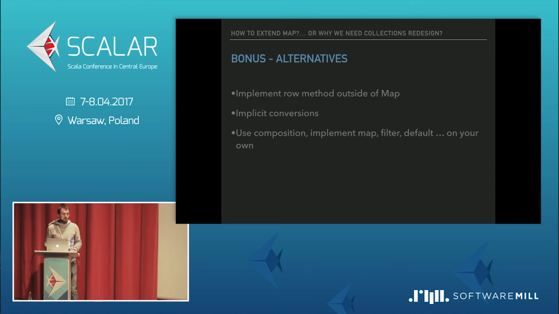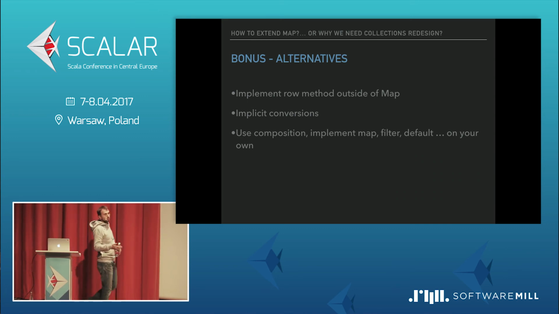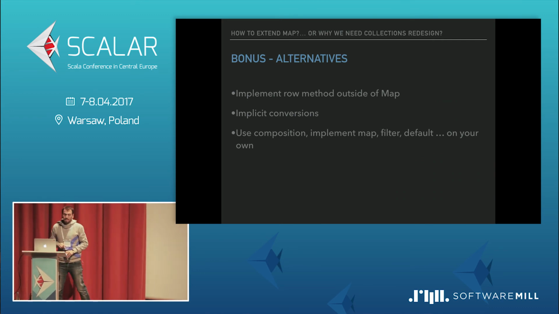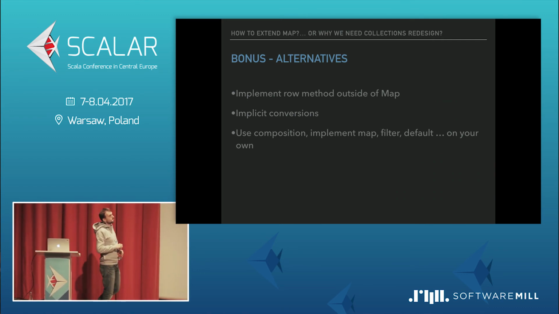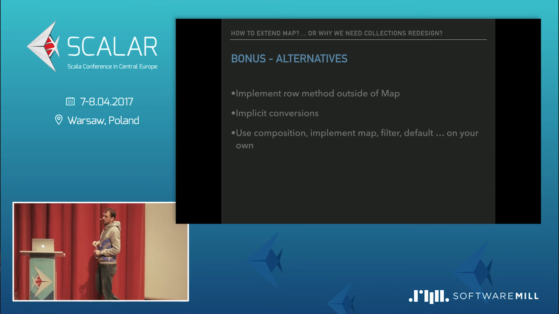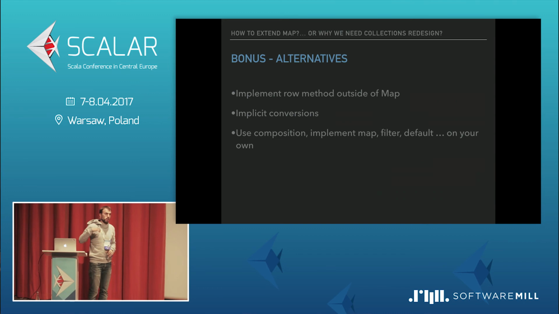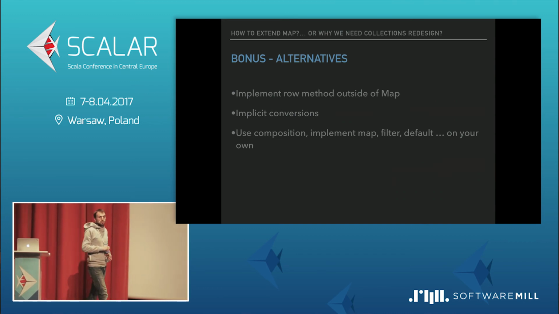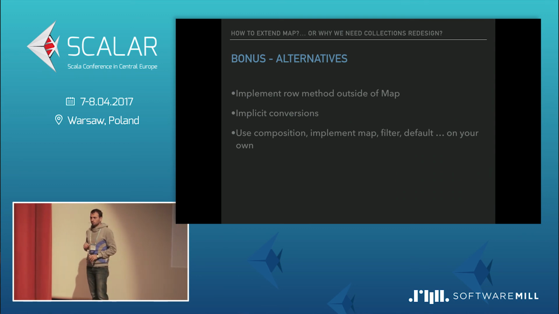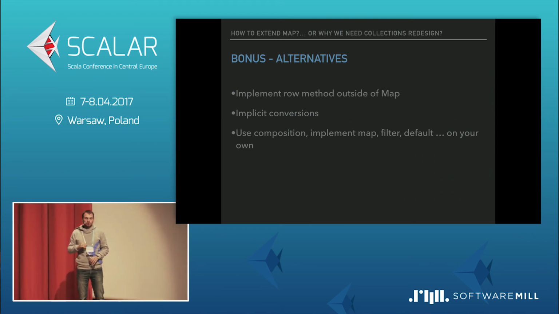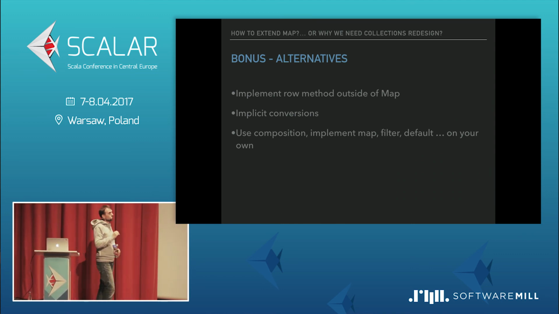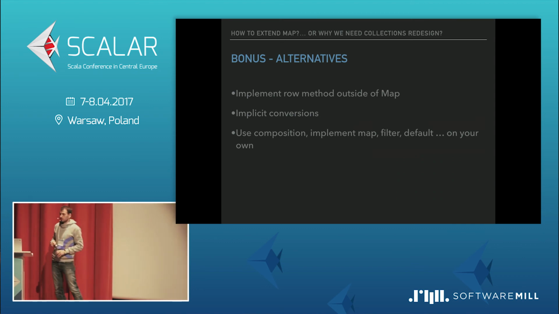Just implement the row method and use another map as a helper for the iteration through a row. Then you can use some implicit conversions. And also you can use composition and don't use the implementations of methods that are already there, like map and others. Just do it by hand. Probably in your map you don't need that many of them. Just implement what you really need.